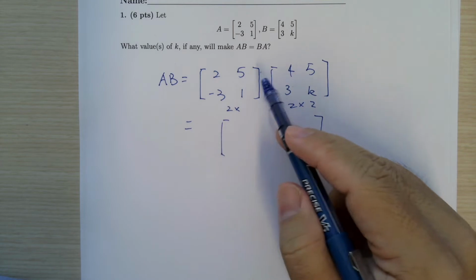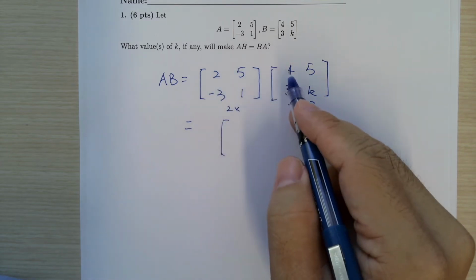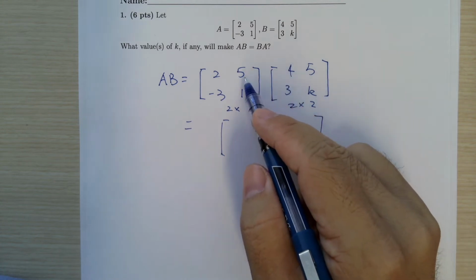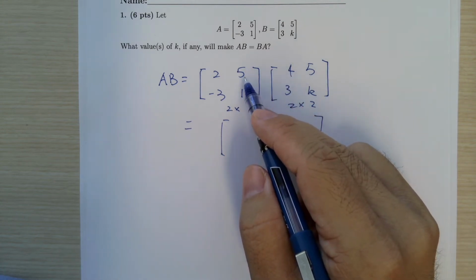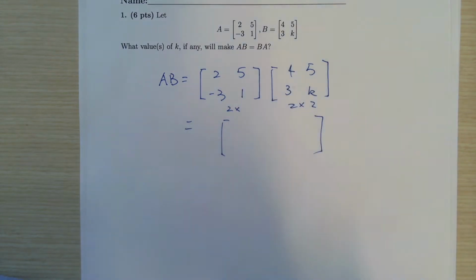So for a11, it's 2 times 4 is 8, plus 5 times 3, so it's 8 plus 15, that's 23, right?